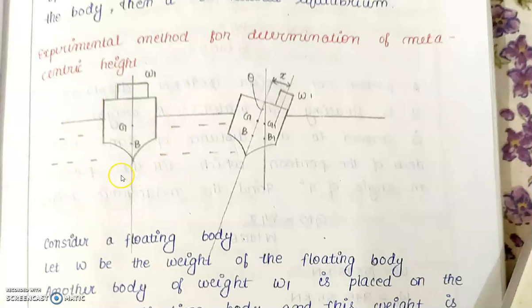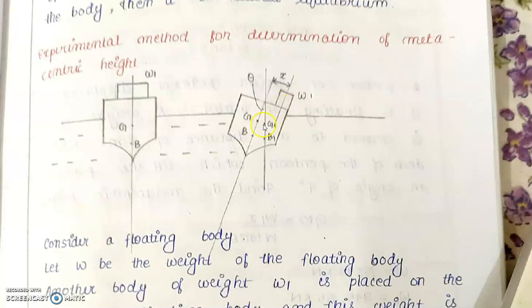The original weight of this floating body is capital W. And keep another body W1 over this floating body like this initially. See, this is the original position of the body, in stable form. Now I am displacing this W1 to this particular position.